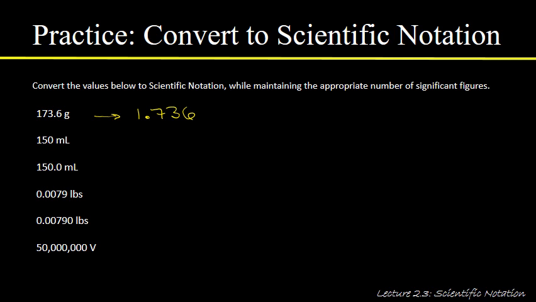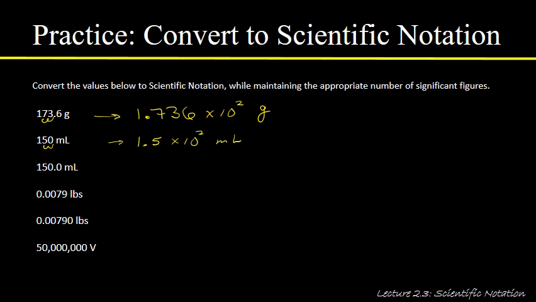You can also see that because we need to move the decimal over 2 spots. So this has got to be 10 to the 2. And let's make sure we keep our units in there. Okay, 150 milliliters. That's also 2 spots. So this is 1.5 times 10 to the 2 milliliters.